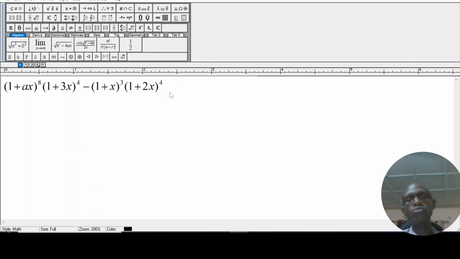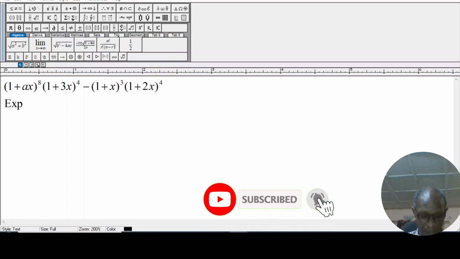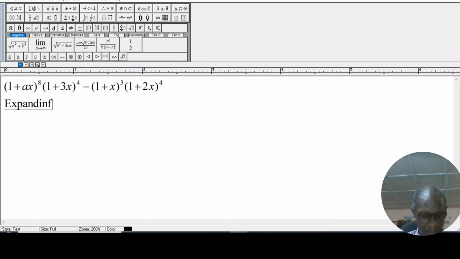So I will try expanding to the term of x. That is all we need for this problem.